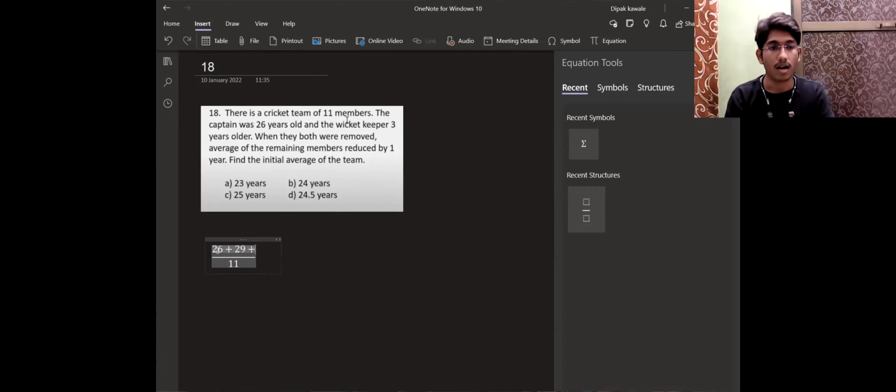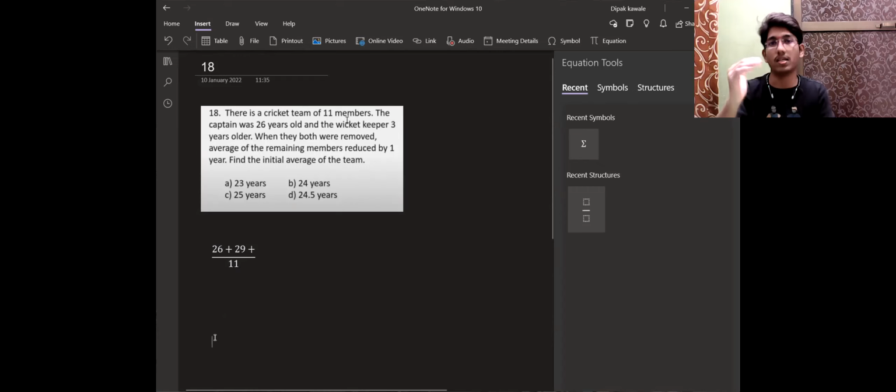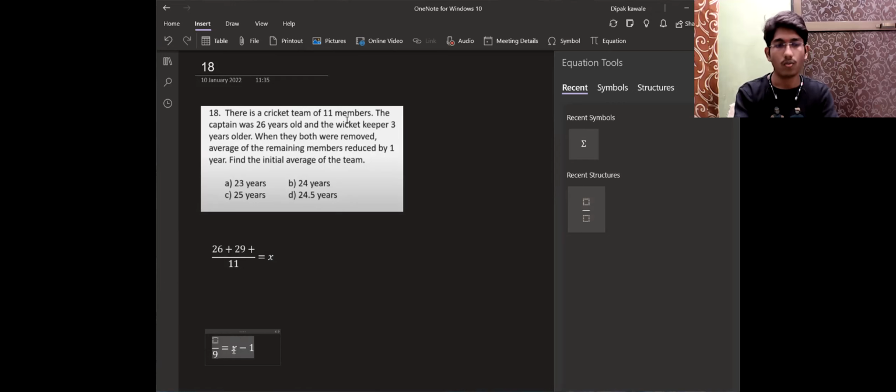Let's see the remaining 9 people's age, when they both were removed. Okay, so when they both were removed, मतलब अब 11 में से कितना रहेगा, 9. The average of the remaining members reduced by 1 year. Oh, so if we consider x is the average, initially it was x, now it is reduced by 1 year.